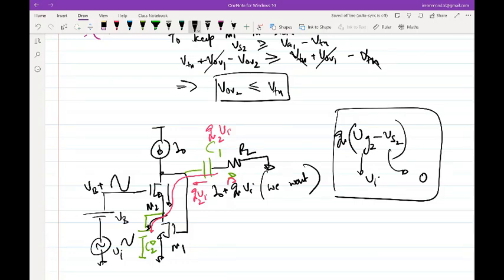The voltage that will accrue across RL is Gm2 times Vi times RL. Negative, the way I have sketched the polarities. Make sense?